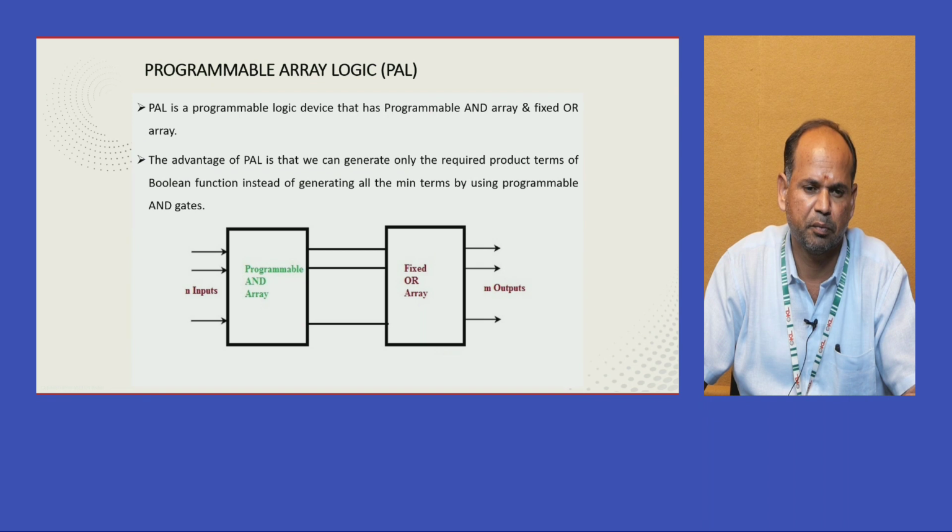Means here we need the programmable array of AND gates as well as the fixed OR gates only. These two are very important while we are going for the design of a programmable array logic. Now this is the important structure for the PAL. That is one of the important categories of a PLD, programmable logic devices.